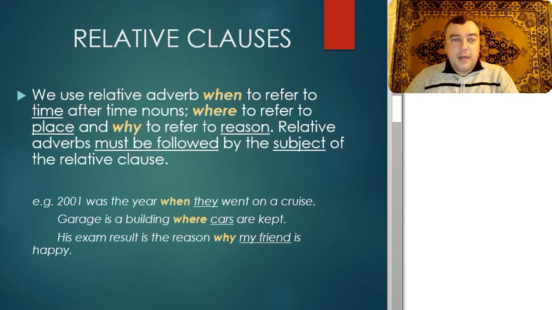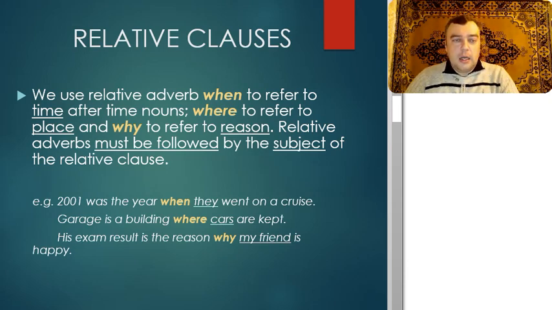We use relative adverb when to refer to time after nouns, where to refer to place, and why to refer to reason. Relative adverbs must be followed by the subject of the relative clause.